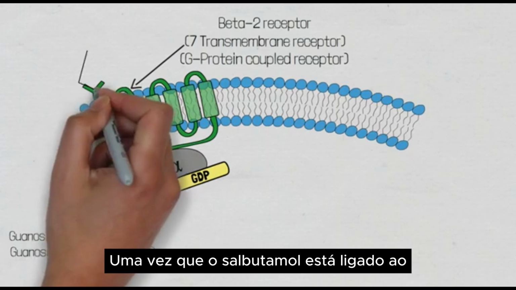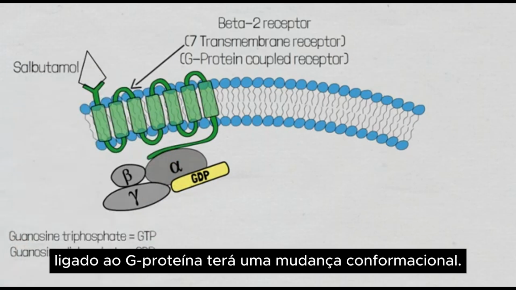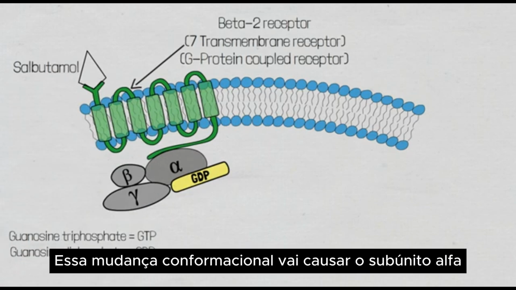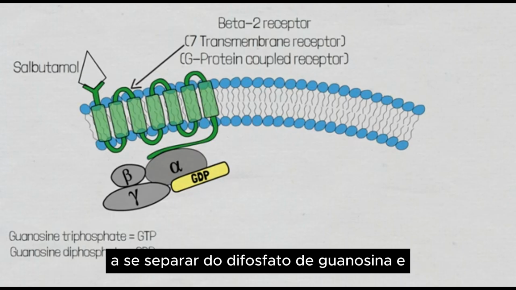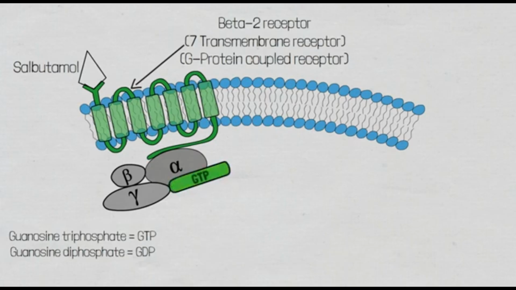Once salbutamol has bound to the receptor on the outer surface of the cell, the G protein coupled receptor will undergo conformational change. This conformational change will cause the alpha subunit to detach from the guanosine diphosphate and will instead bind guanosine triphosphate.